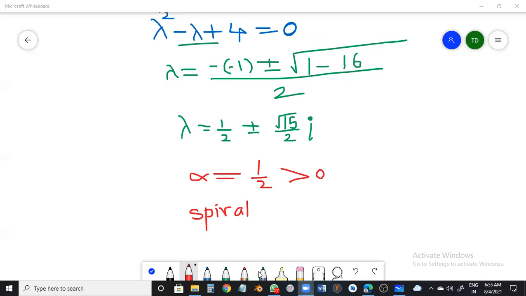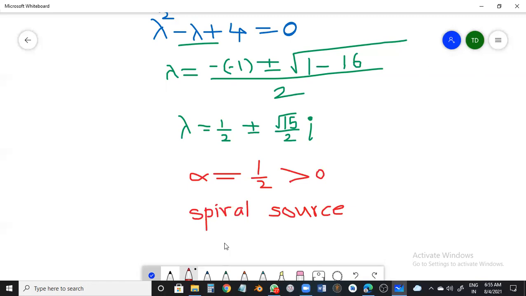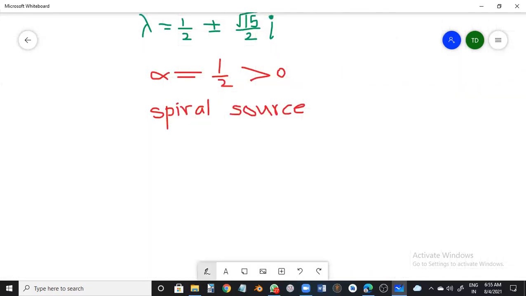Yes, Suvarna, what must it be? Spiral source. It must be spiral source. Okay, if it is positive, we call it a source. If it is negative, we call it a sink. Yesterday, we have seen this.